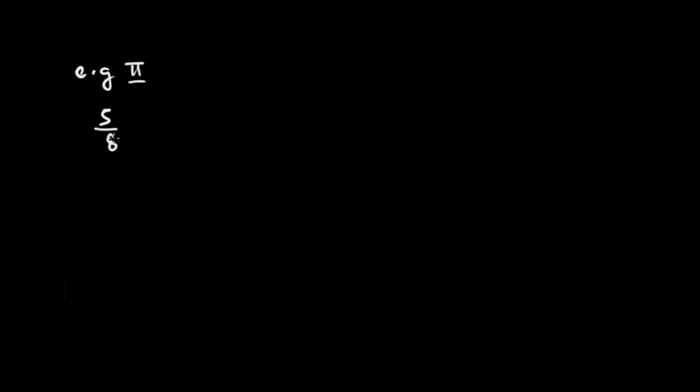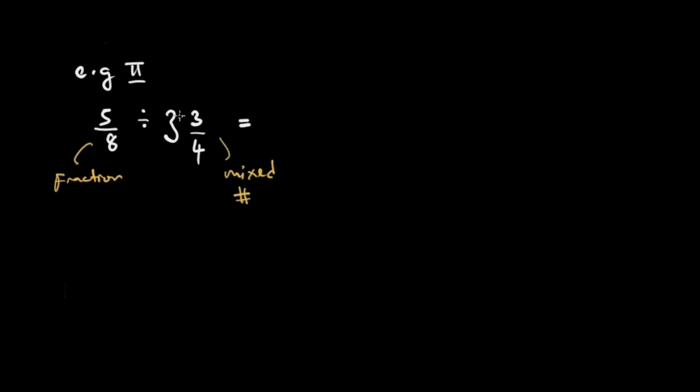So 5 over 8 dividing 3 and 3 over 4 is going to be equal to... What we will do here is that in maths you must know that we like to relate things which are alike. Relatability. We want to relate things that are alike. When things are not alike, we make them alike so that we can solve them. This 3 and 3 over 4 is called a mixed number.